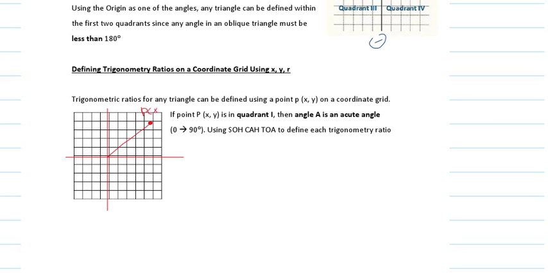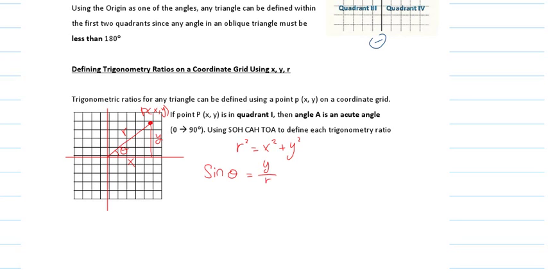So point P is x and y. We talked that if we form a triangle, this is the y, this is the x, and this is r. And we said that sine theta is y over r, and it's positive.